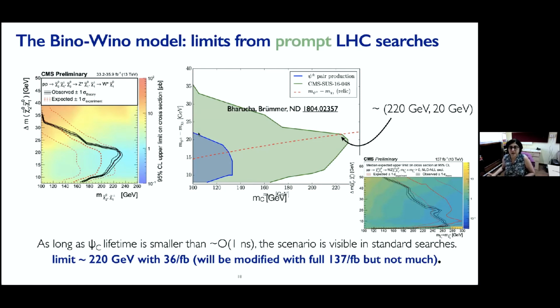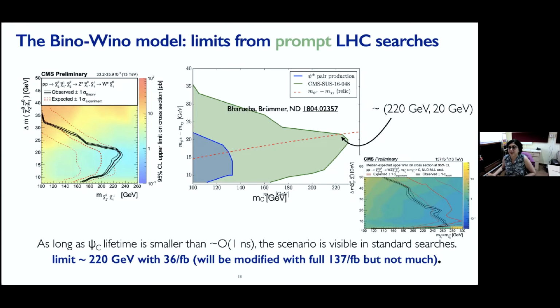So this is another way of looking at the same thing. We looked at, for example, the electroweakino search. We reinterpreted that and tried to figure out what is the best exclusion that you have. So the M_chargino is for the chargino mass, and this is the mass difference on this axis.